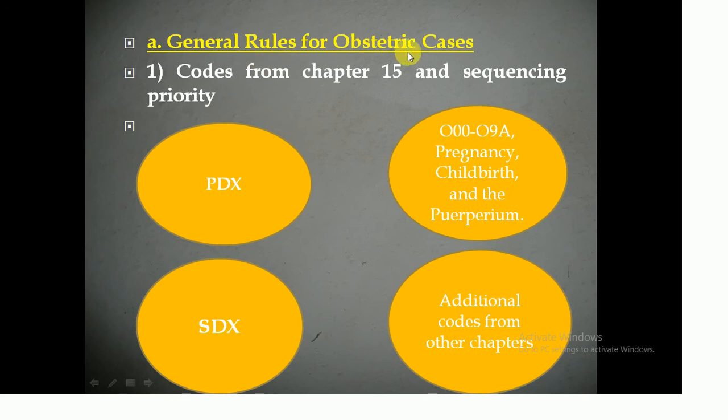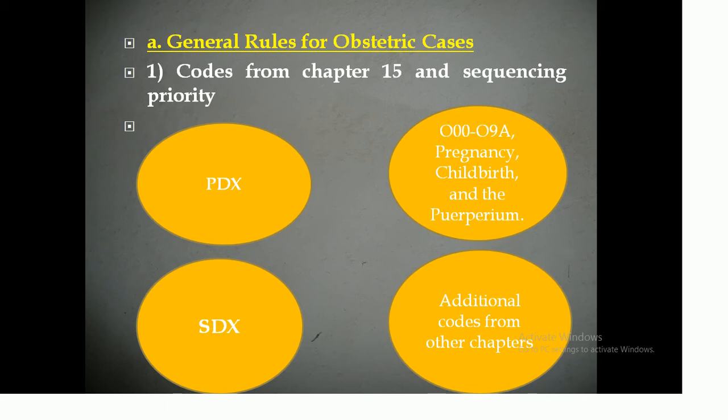General rules for obstetric cases, codes from chapter 15 and sequencing priority. When we receive a medical report in which the patient is pregnant, we should not directly code the ICDs where the diagnosis is given by the physician. Suppose he is giving the diagnosis as dehydration, we should not directly code the dehydration.